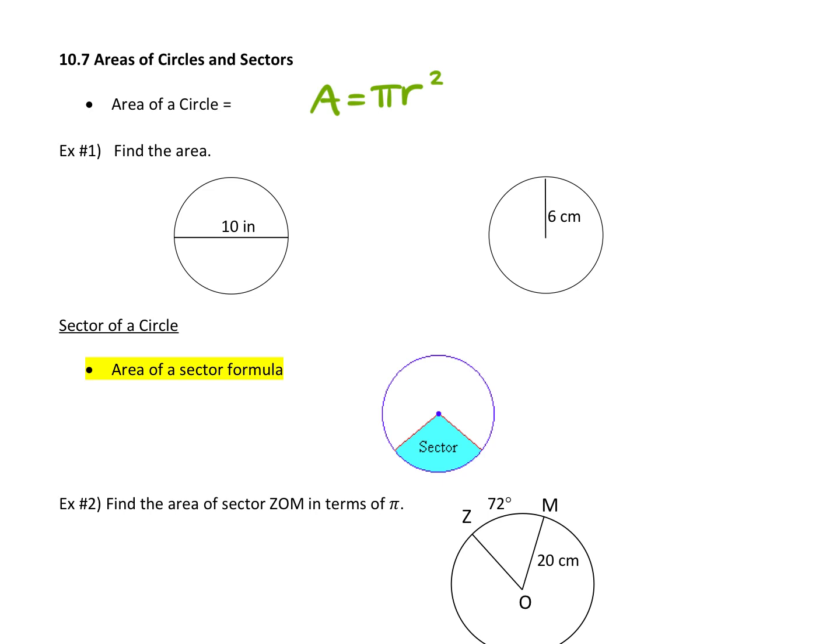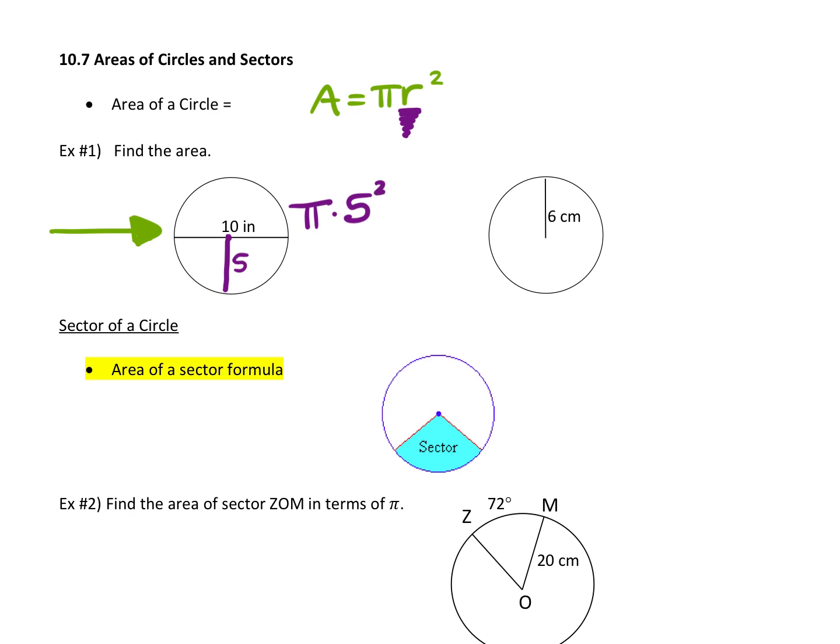So here's the deal. If you are given a circle that looks like this, and you are asked to find the area, what number is going to go here for r? 5, right? Your radius has to be half the length. So if they give you a diameter, make sure you cut it in half and you say pi times 5 squared.